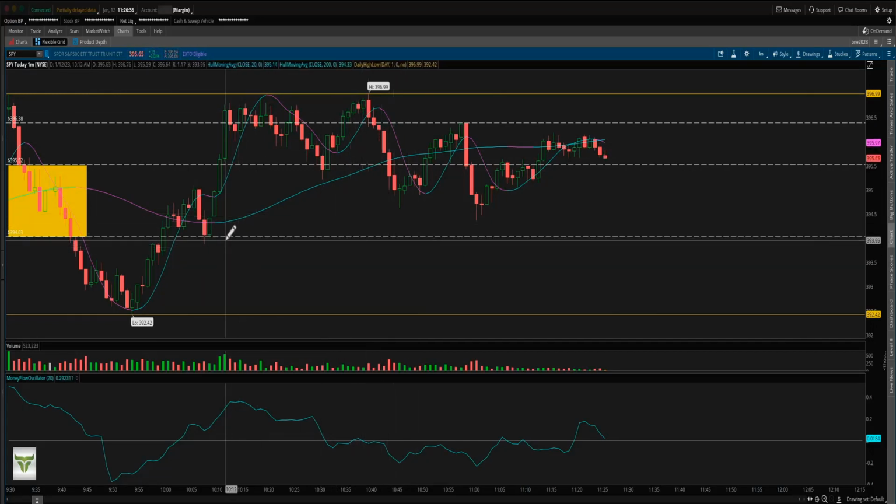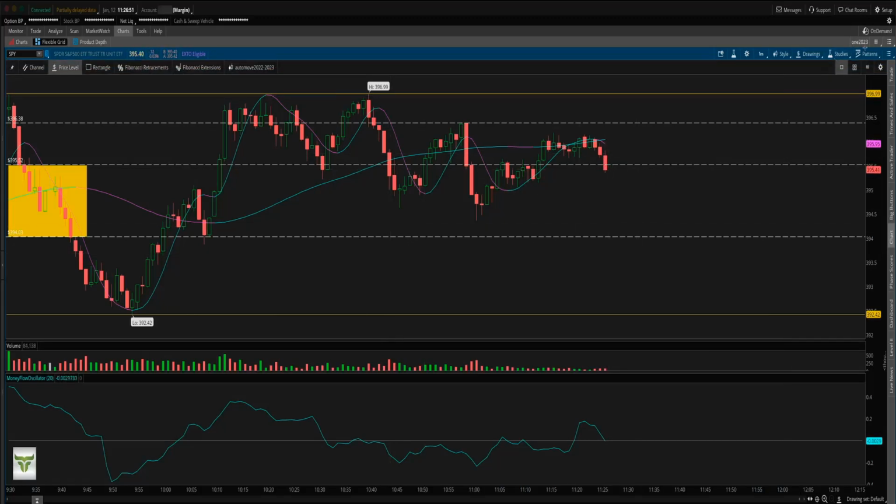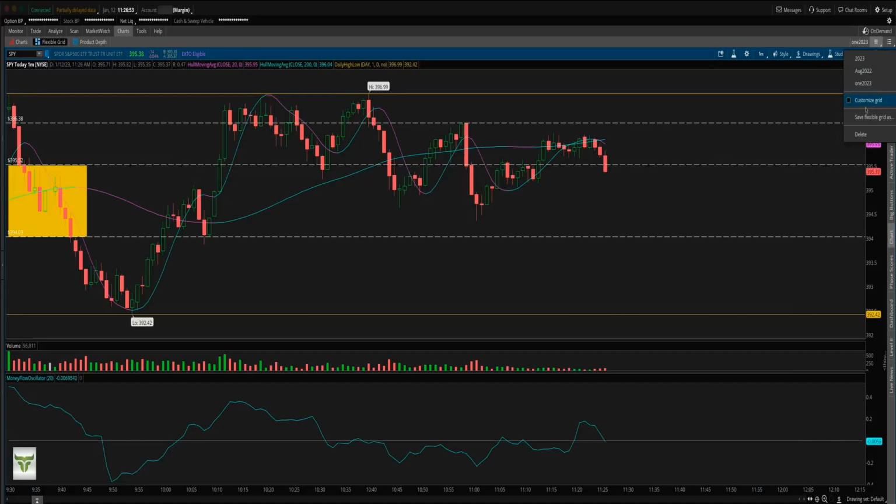I mean, what more can I show you today? If you're wondering why my charts look different, I'm always tinkering around with my charts. I'm always moving my charts around, always moving my study sets, always looking at different things. Over here, you can see I've got 3 main screens that I look at, right?